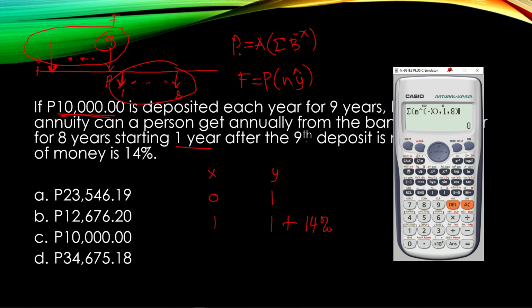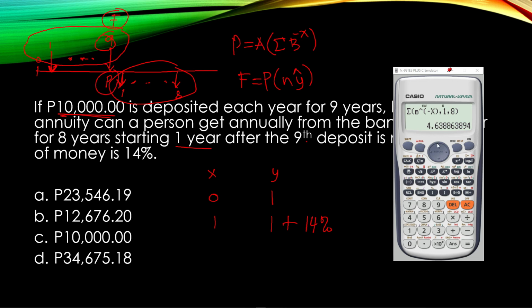So, yung P natin is nasa variable B na natin, diba? Kukunin natin yung annual niya, annuity niya. Again, ito pa rin na concept. And then, yung P natin is nasa variable B. Yung future amount natin na nakuha kanina, yun na yung gagamitin natin P ngayon.